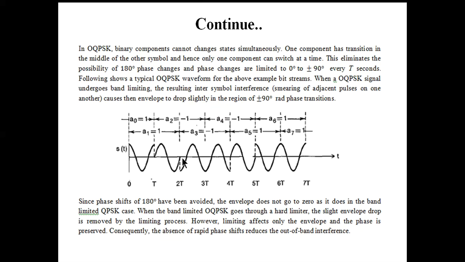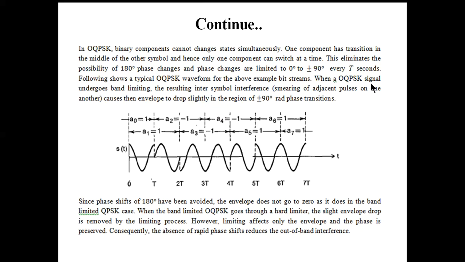But the main fact that I want to mention is that it eliminates the possibility of a 180-degree phase change, and the phase change is limited to only 0 or plus minus 90 degrees at every T seconds. So here you can see that there is a phase shift of 90 degrees. Similarly here, this one is minus 90, like this.